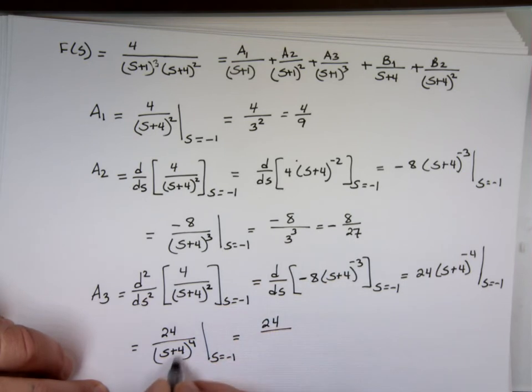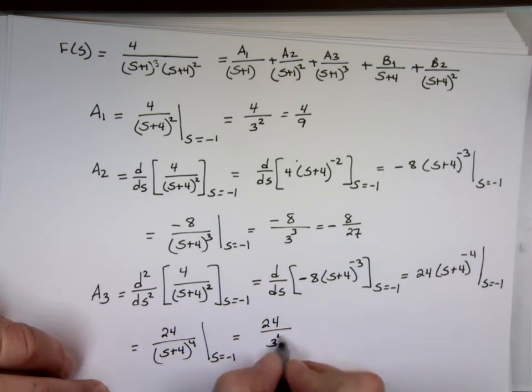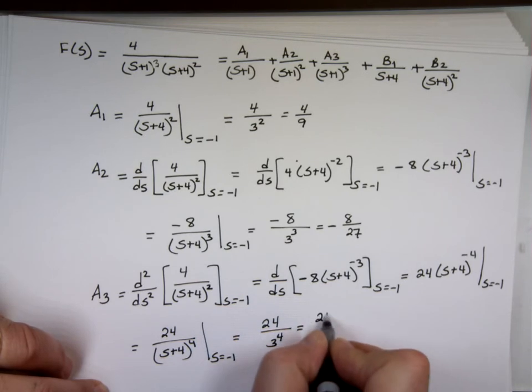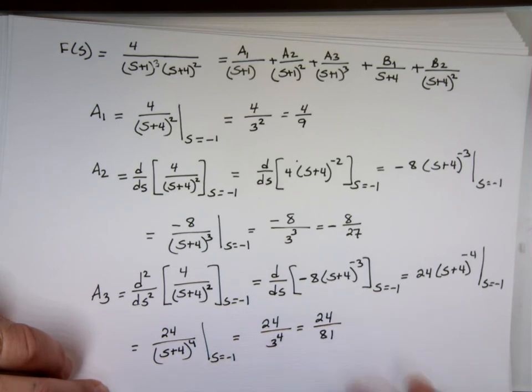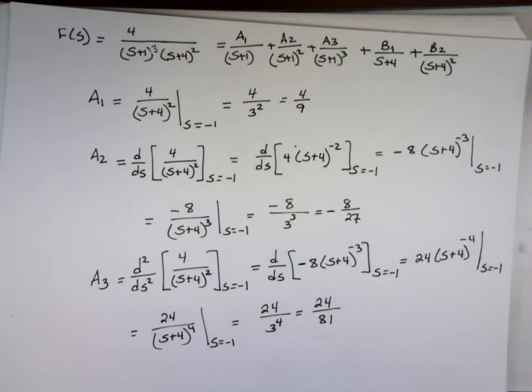This will be 3 to the fourth, and that's 81. Not bad, not bad. Quick. Didn't really take that long yet. We get B1 and B2, then I'm done.